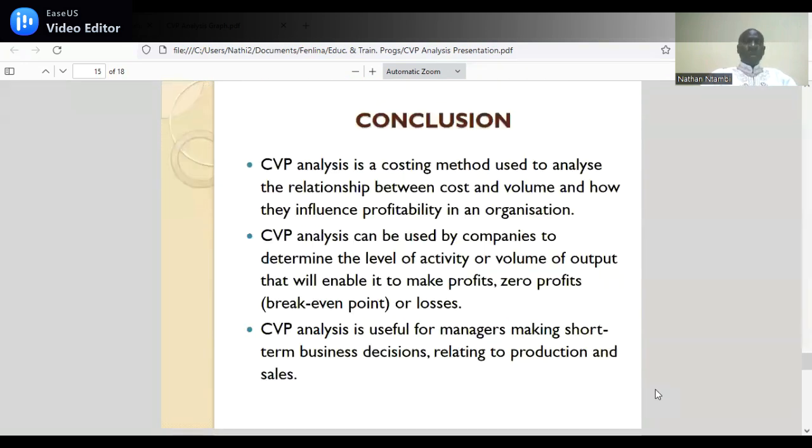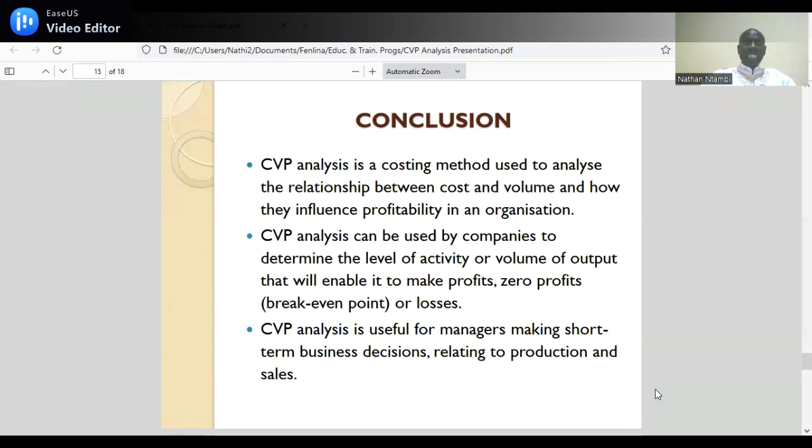In conclusion, CVP analysis is a costing method used to analyze the relationship between cost and volume and how they influence profitability in an organization. CVP analysis can be used by companies to determine the level of activity or volume of output that will enable it to make profits, zero profits, which is the break-even point, or losses.